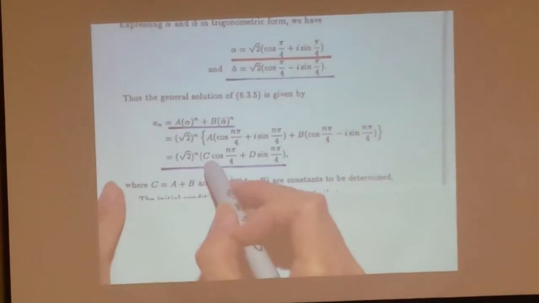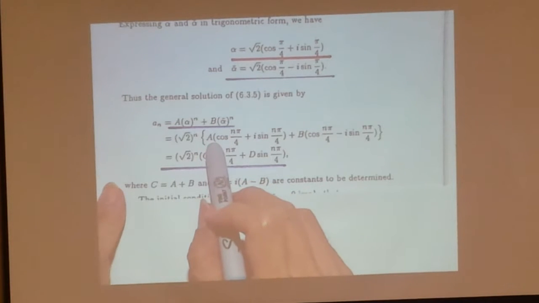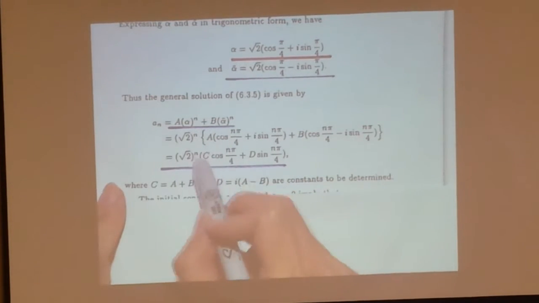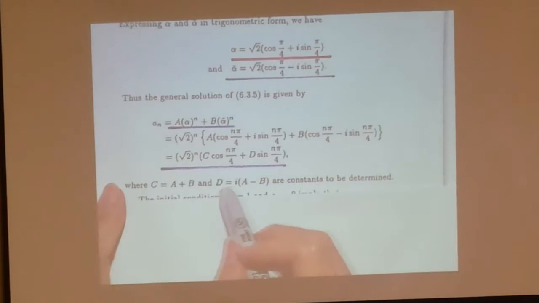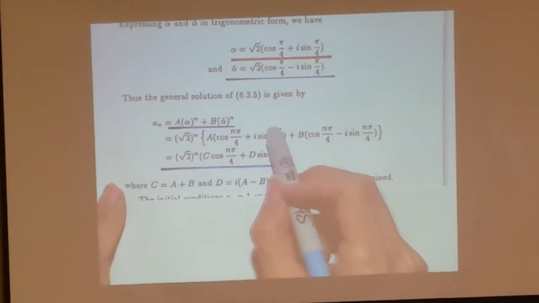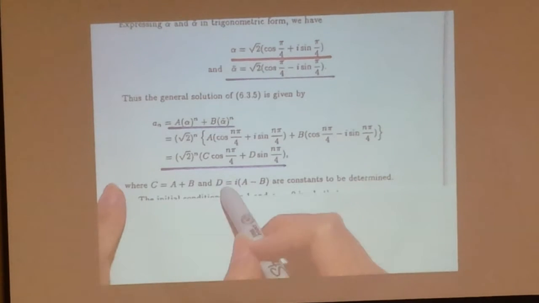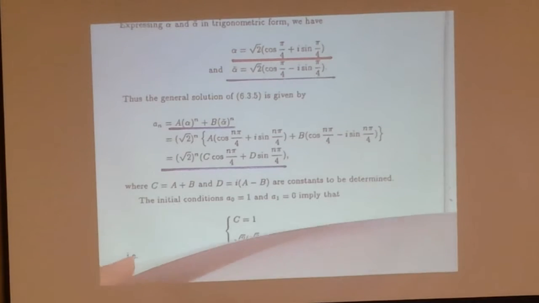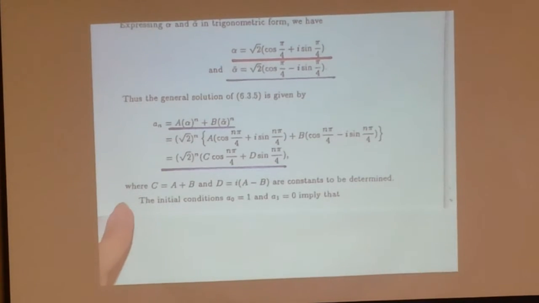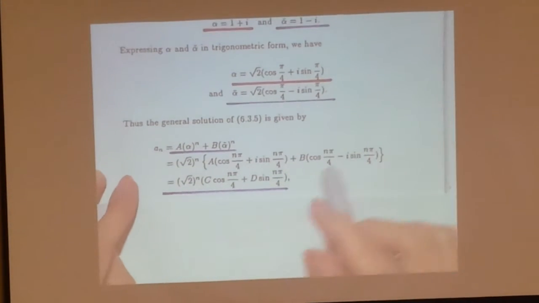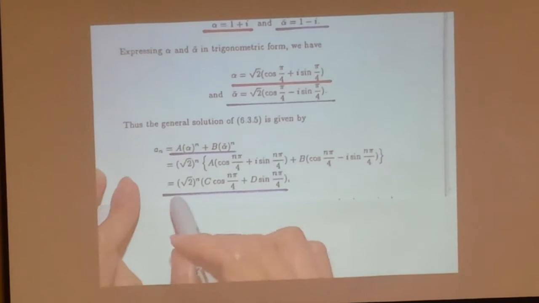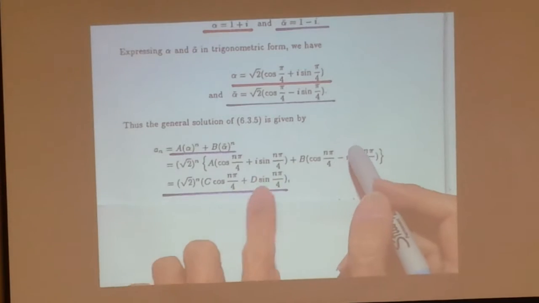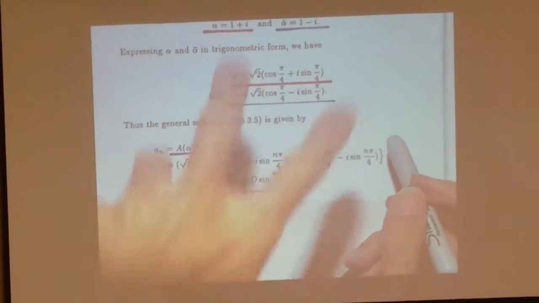So the coefficient of the cosine term, A plus B, we can call C. Then the coefficient of the sine n pi over 4 is actually I times A minus B. Eventually you'll find that although it involves complex numbers, the I will disappear.